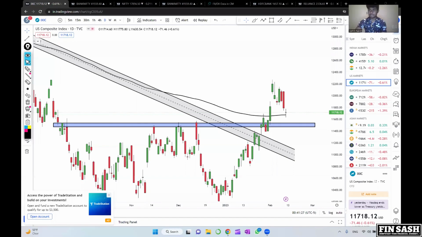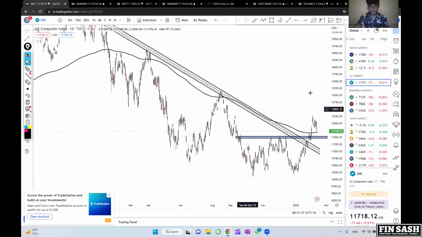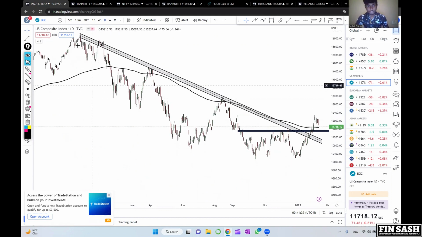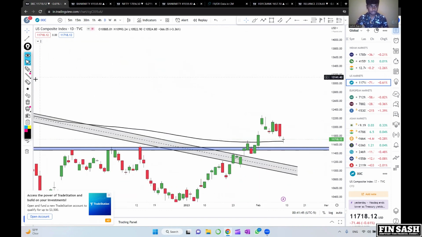All right. As usual, let's start with the global markets. So let's start with the US market. Like we all know, the US market has been following this trend line for months and it recently gave a breakout.